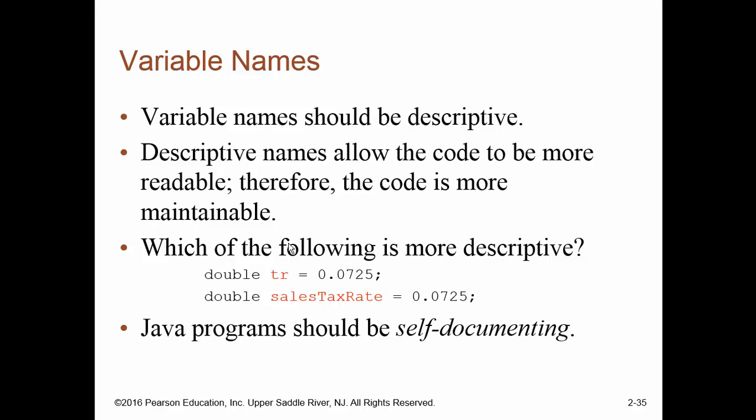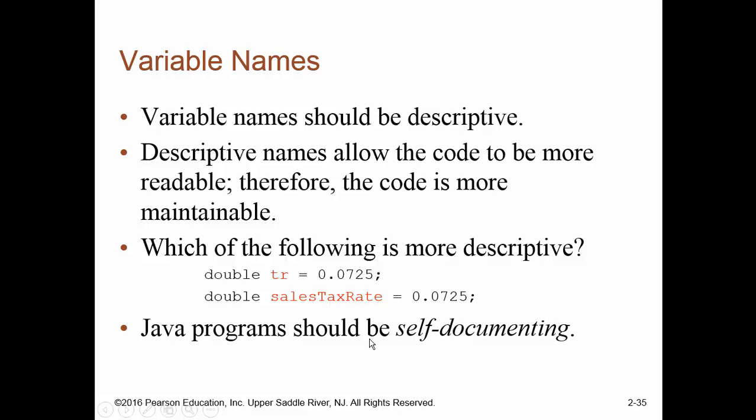Ideally, when you create variables, their names will be self-documenting. As it says right here, TR is not nearly as self-documenting as sales tax rate. And I want you to use this. Remember when we created a class before, if we had like two words together, if this was a class, not a variable, if this was a class called sales tax rate, that S would be uppercase. But when you're creating a variable, you run words together like this, and the first word is all lowercase, and then the first letter of every word that follows is uppercase, and the rest is lowercase.